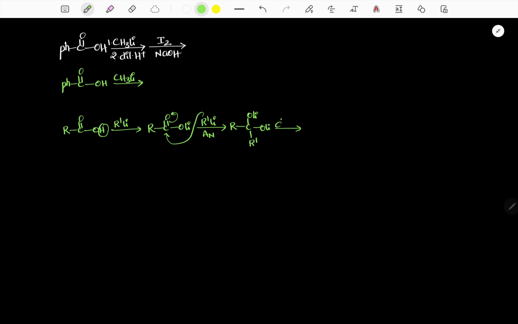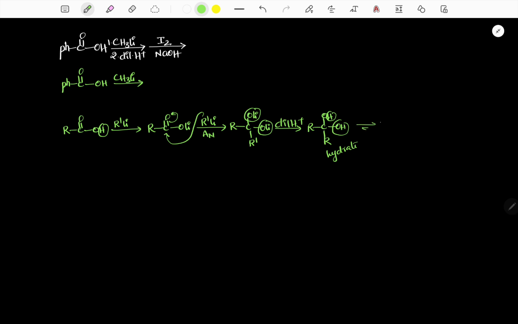Now we are adding dilute H plus. So O minus Li plus takes the proton and the corresponding hydrate will form. And we know that hydrate is unstable. If the carbon is connected to two OH groups, that is called the hydrate form, and the hydrate form is unstable.